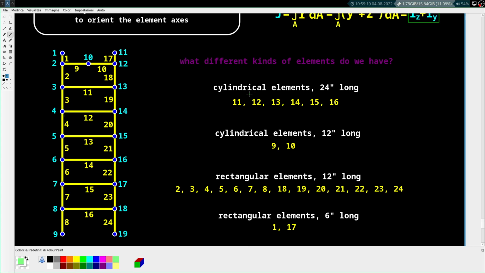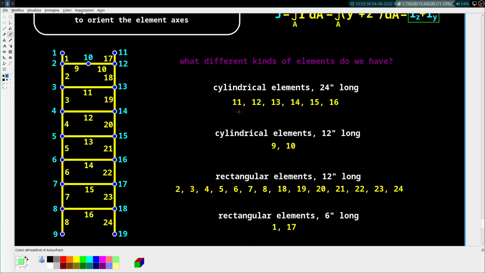And so, as I said before, in terms of cylinder elements, we have 6 of them that are 2 foot long. We have 2 that are 12 inches long, that's 9 and 10. And we have a bunch of elements that are rectangular and 1 foot long, that's all of these elements and all of these elements. And then we have elements that are rectangular but half a foot long, that's number 1 and 17.